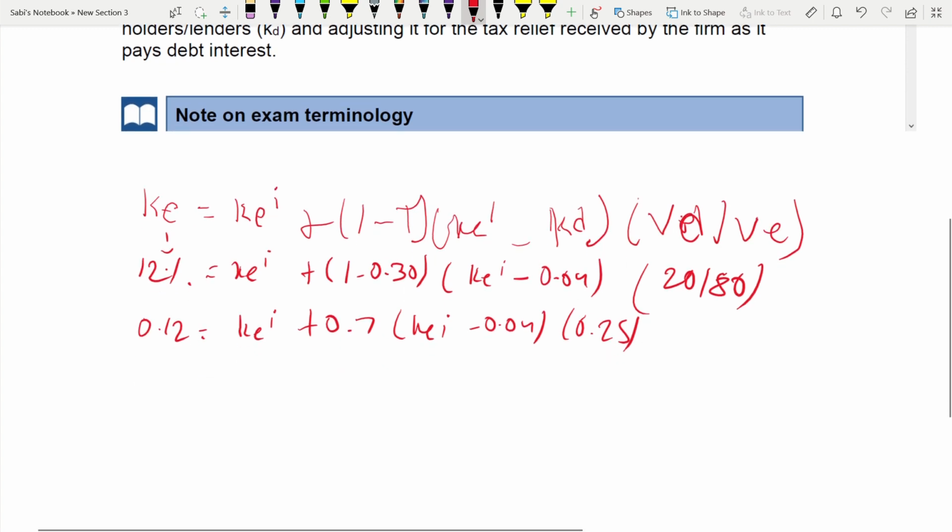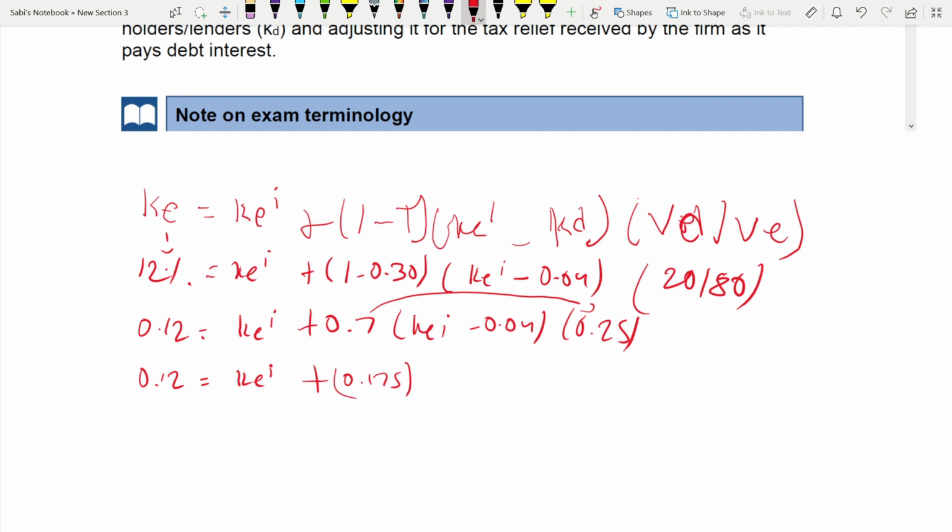I'm doing this step by step. 0.12 equals KEI plus, see, you can multiply this 0.7 and this 0.25 easily, isn't it? So 0.7 into 0.25 will be 0.175. Put it in a bracket so that it becomes easier: KEI, minus 0.04.